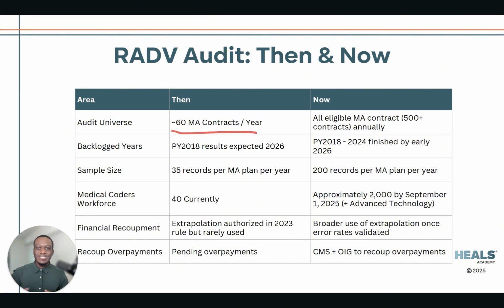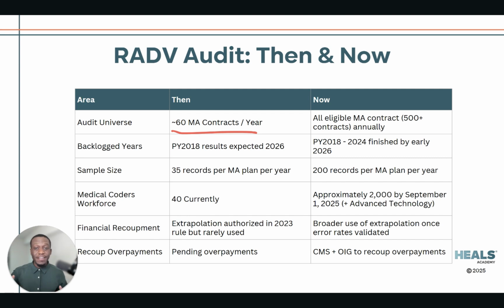And the same way CMS is being aggressive on their side, as an MA plan, you also want to be aggressive, because this is going to be a lot of effort needed as a plan and for the providers that you work with in getting yourselves very ready to be successful through this MA RADV audit. The sample size previously was 35 records per MA plan per year, but now CMS is expanding that to 200 records per MA plan per year.